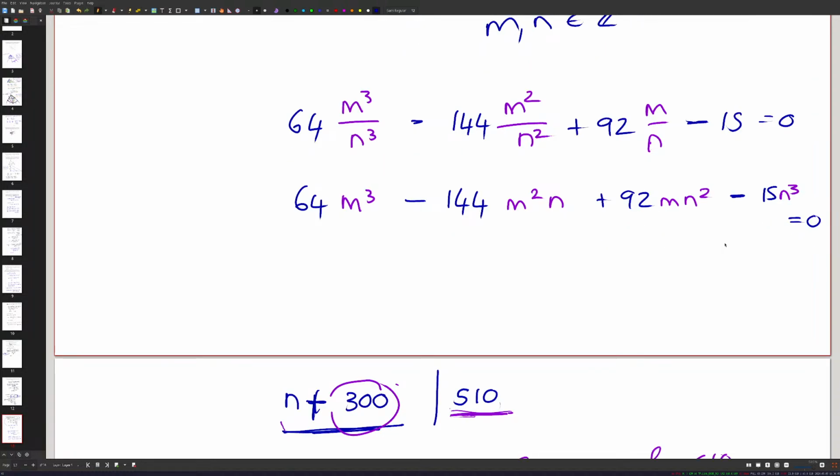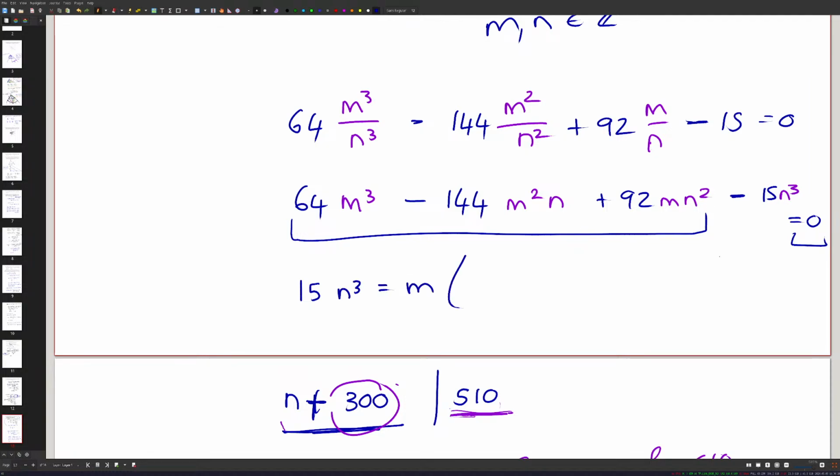Okay. Now if we look at this, these terms over here are all divisible by m, and 0 is divisible by m. And so we know that 15n cubed is m times some integer.